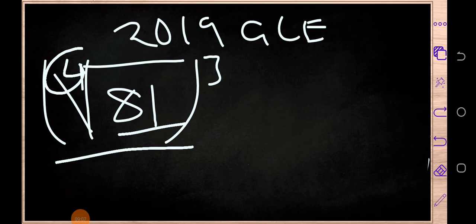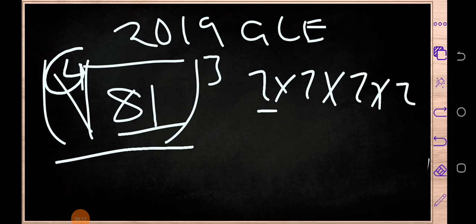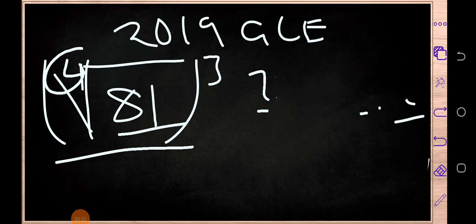So what is that number? When we try 1 times 1 times 1 times 1, the answer is 1. 2 times 2, let's try 2 times 2 times 2 times 2. 2 times 2, 4. 4 times 2, 8. 8 times 2, the answer is 16. So 2 cannot be the answer.